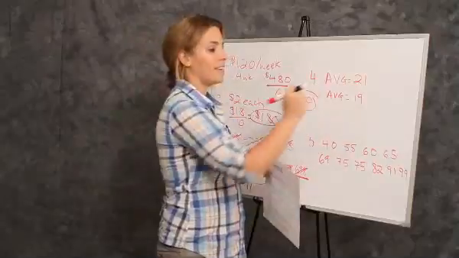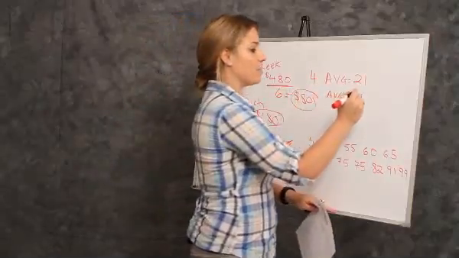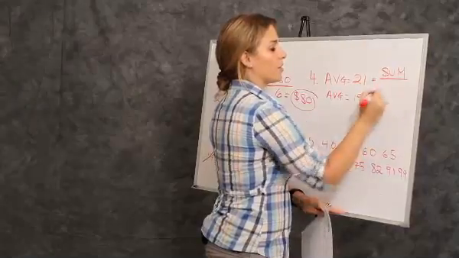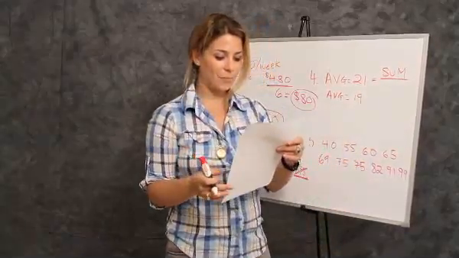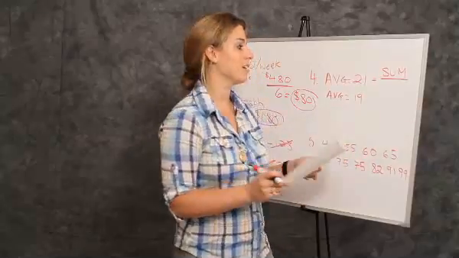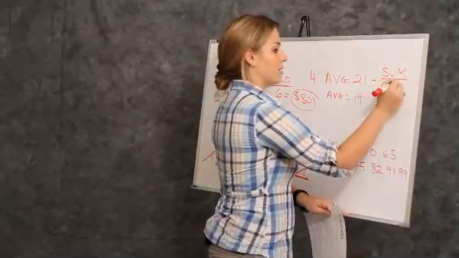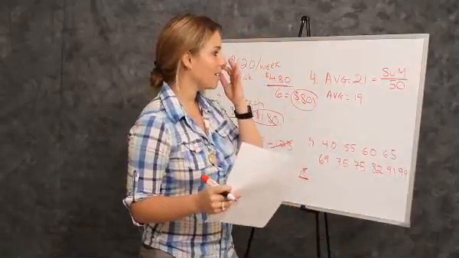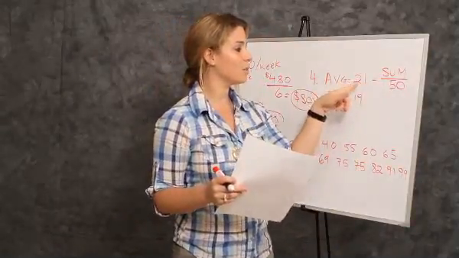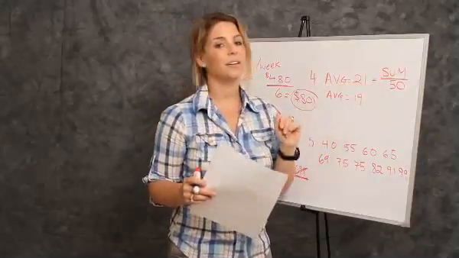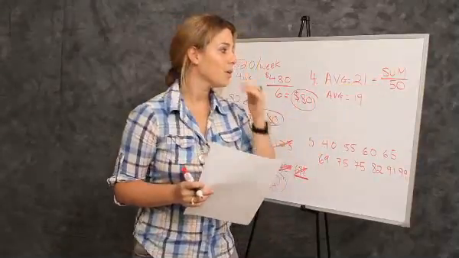So if we know that the average is 21, that's going to be equal to the sum of all of the numbers divided by how many. And we said that there are 50 numbers there. So now, if we then look at this, we know that 21 is equal to the sum divided by 50.